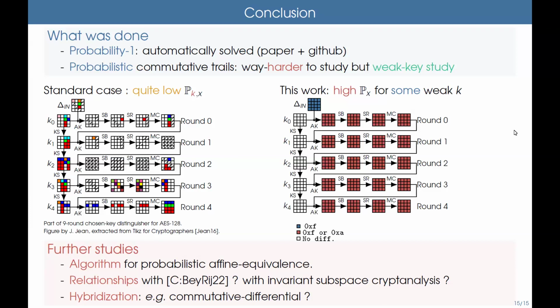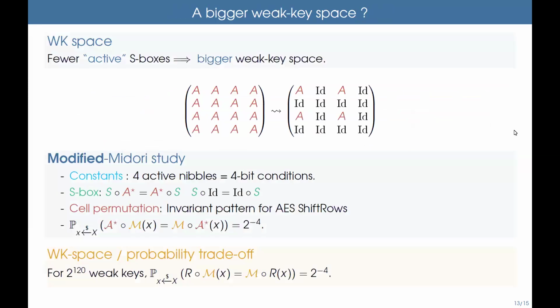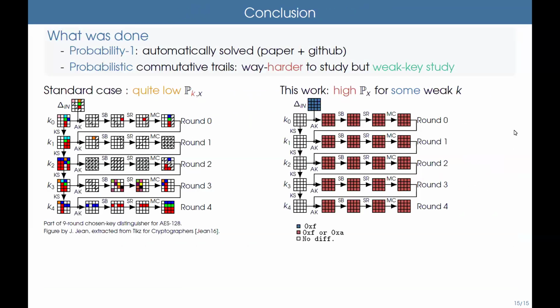But in the case where, for instance, you have an affine mapping that commutes with extremely high probability with your S-box or your round functions, but with a probability which is not one, we actually have no tools today to be able to detect this kind of behavior. It's a good question. I think it could lead to some backdoors.